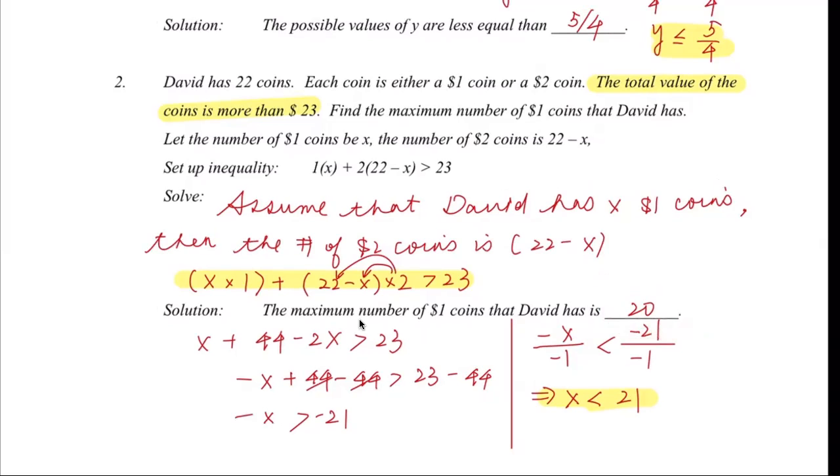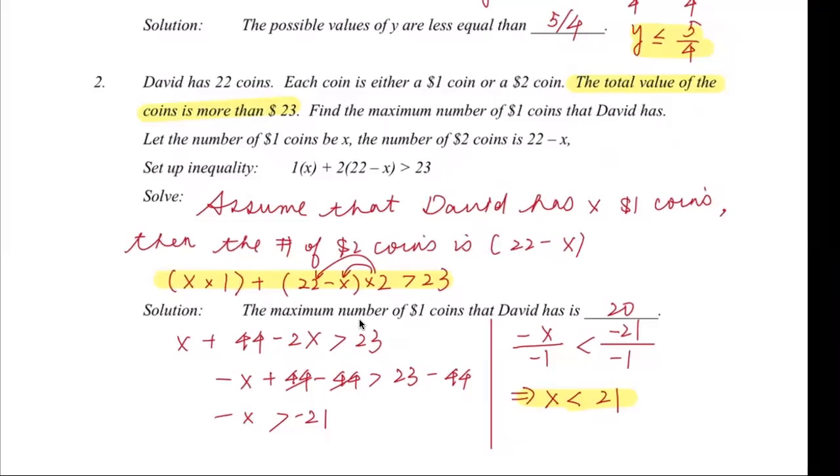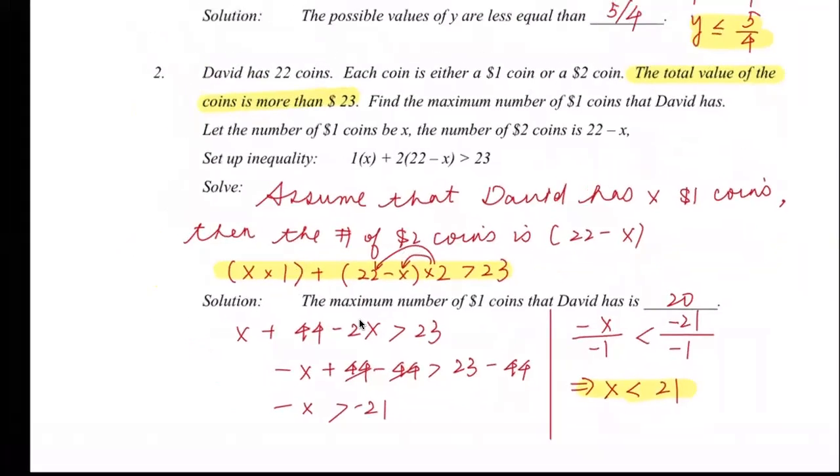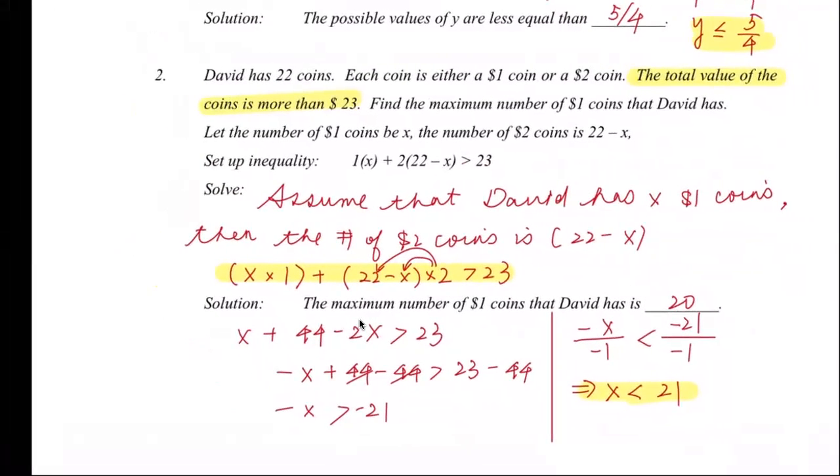Okay. If you want to check it, it's very easy to check as well. I'll use a different color. So the maximum number of $1 coins is 20, right? So if David has 20, he has $20, we know that he has 22 coins in total, right?